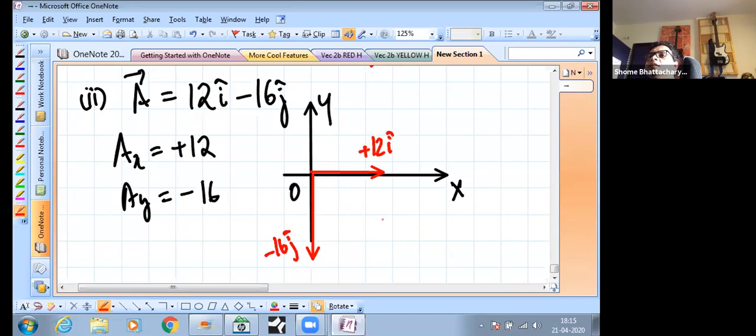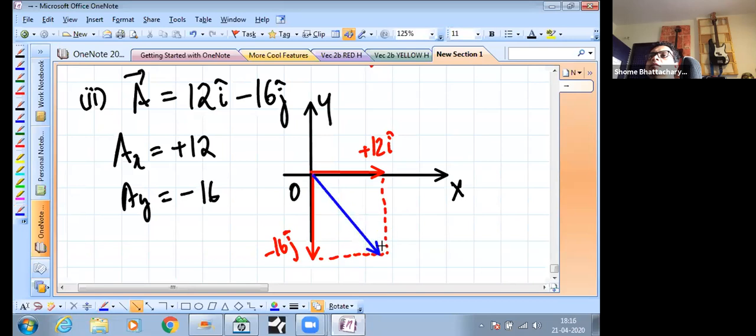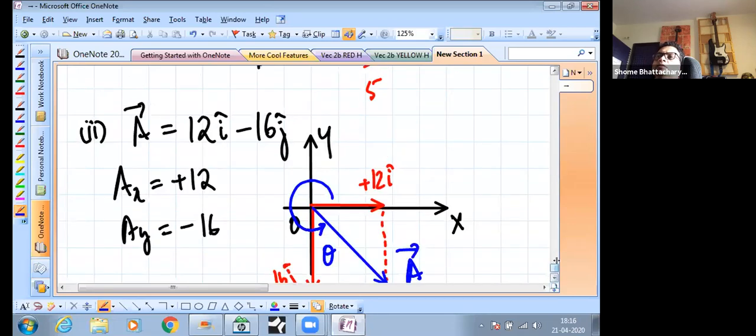So the vector E is such that its head must be lying here. As you can see, the vector E is like this, and if we write the angle properly, it should be this whole angle. This angle should be theta. As you can see, it's in the fourth quadrant, theta. Okay. So just solving for this now.